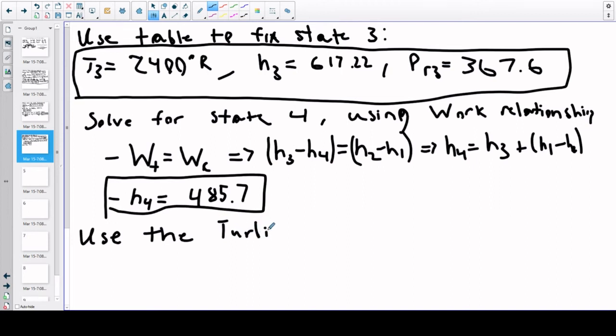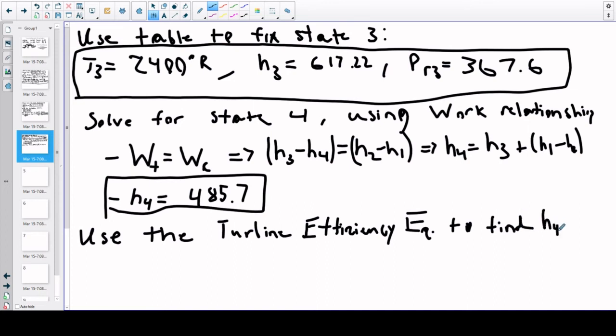And now, this is the difference. We're now using the turbine equation to solve for the ideal state, not the real state. Just a little difference in this cycle. It'll all become clear why we're doing this in a second, if I explain it well.